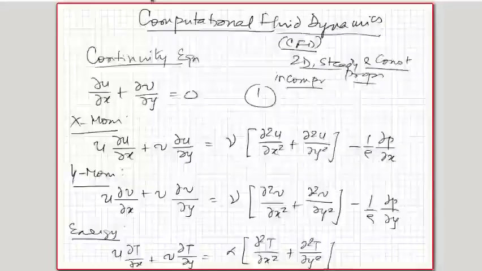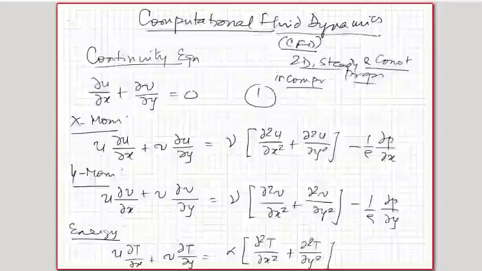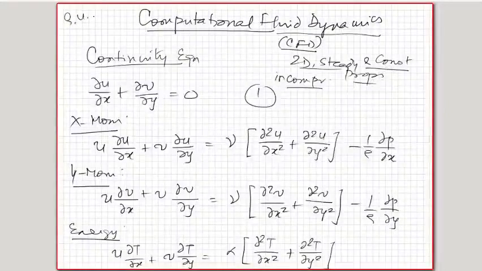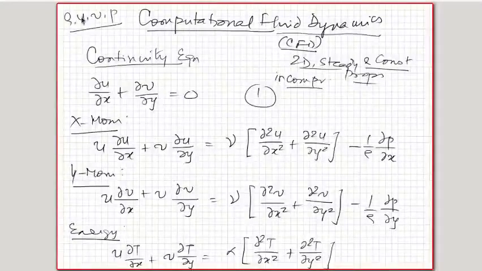If you look at these equations, the unknowns or the dependent variables that are there are rho, u, v and p: density, x velocity, y velocity, pressure and temperature.